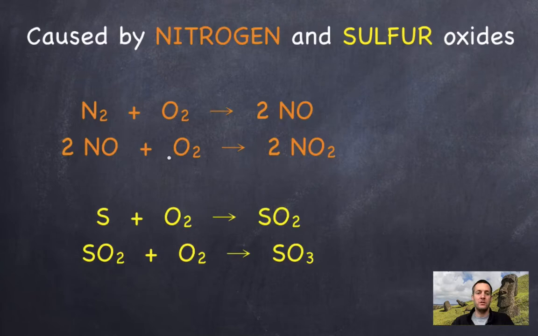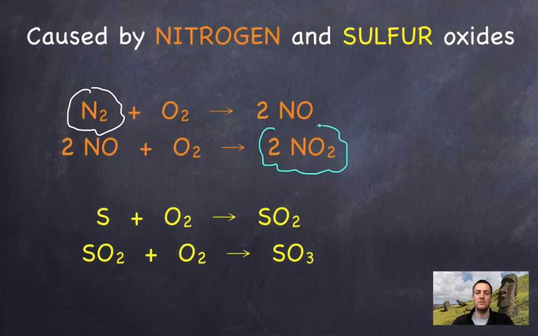Now, nitrogen, you might remember, has a triple bond in it, which means it's a very unreactive gas, but when we burn things in car engines and other high temperature environments, we can sometimes get nitrogen to react with oxygen, in which case it will produce nitrogen monoxide, and nitrogen monoxide will react with more oxygen to produce nitrogen dioxide.